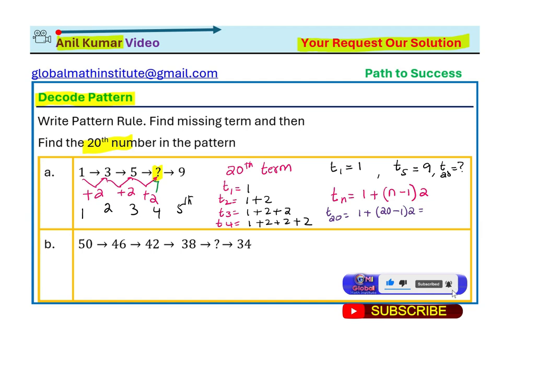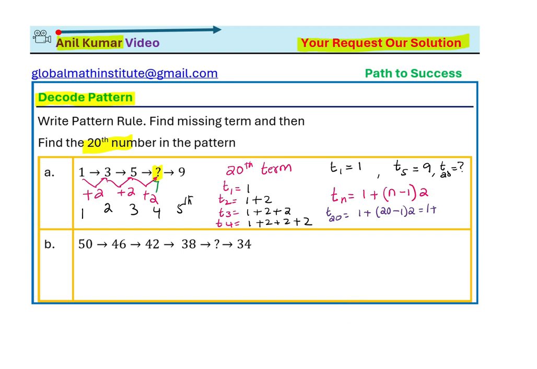You could do 20 times 2 minus 2 times 2, so 40 minus 2 is 38. That is easy, right? So we get 39 as our answer. The 20th term is equal to 39.